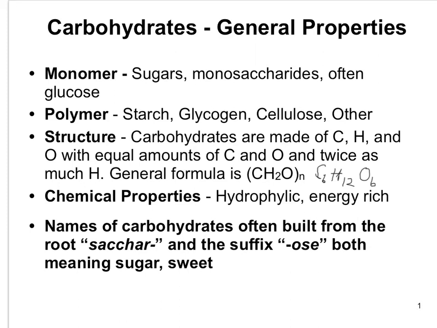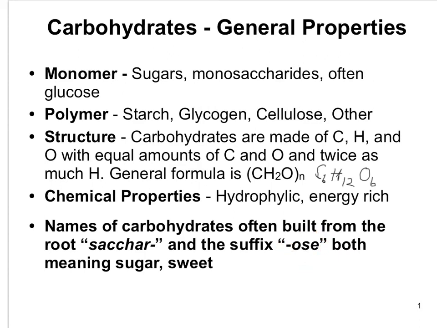In terms of naming conventions, carbohydrate names are often built from saccharide or have the suffix "-ose". Both of them mean sweet or sugar. So for instance, polysaccharide means many sugars. Glucose, fructose, maltose, dextrose, those are all different types of sugars. And so they have the suffix "-ose" on them.